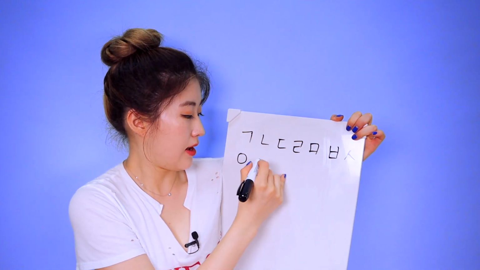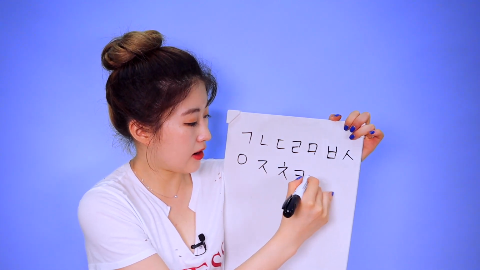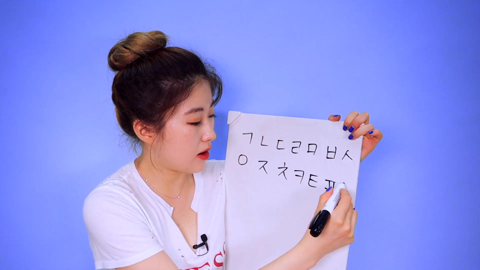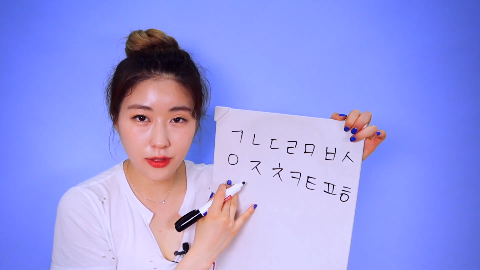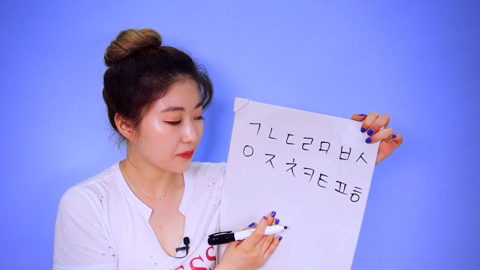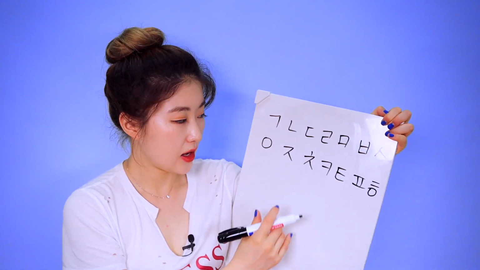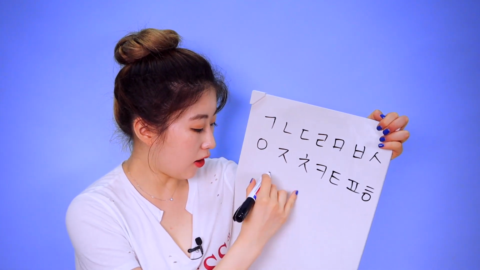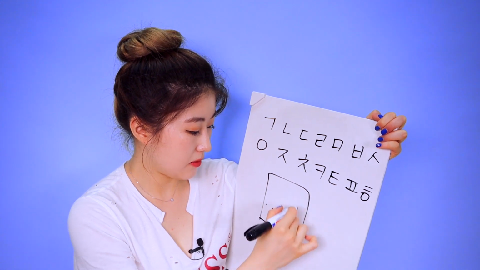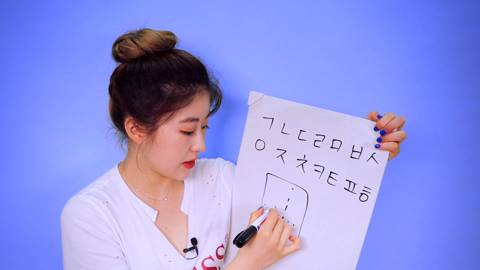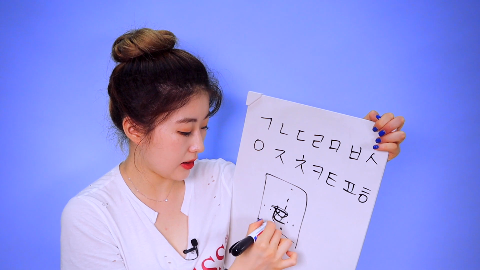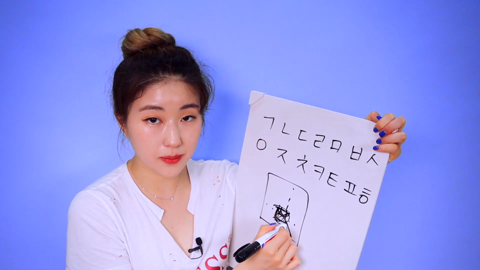가나다라마바사, 아자차카타파. We learned all these basic consonants, and yes, these can all come as a 받침.